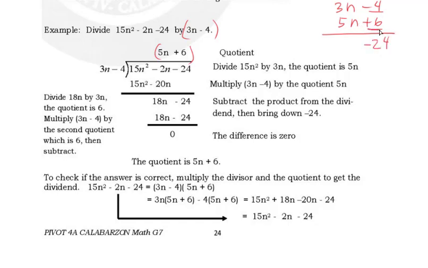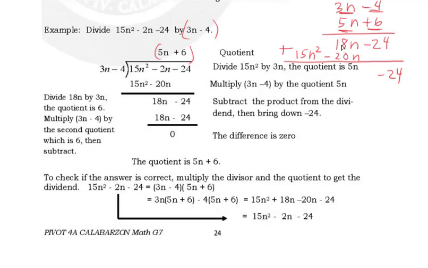Next is positive 6 times 3n, which is 18n. Next is 5n times negative 4, which is negative 20n. Next is 5n times 3n, which is 15n squared. Now get the final product. Bring down negative 24.